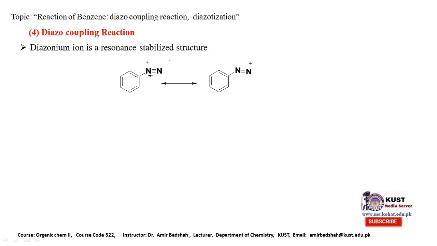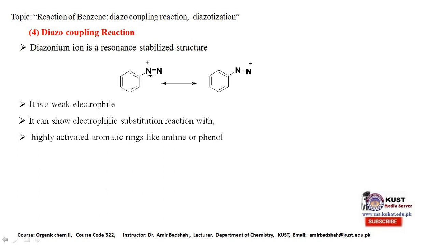So this group can act as an electrophile because this is an electron deficient species. Although it is a weak electrophile, for a weak electrophile to react, we will need a strong nucleophile or strongly activated ring.